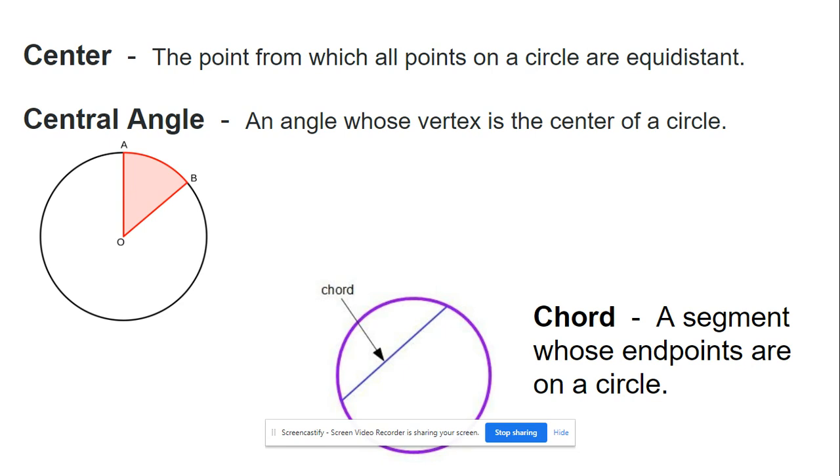All right. So some vocab. Again, you're taking notes. You can literally copy as we go. They're not long sentences. So the center of a circle, again, this is all in circles. The center of a circle is the point from which all points on a circle are equidistant. We've seen some of these definitions before, but I just want to make sure we know what they look like, because a big part of learning about a circle is not just the radius and the diameter and the circumference or the area.